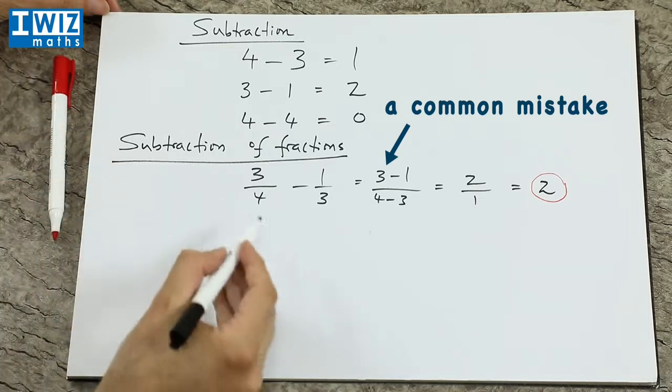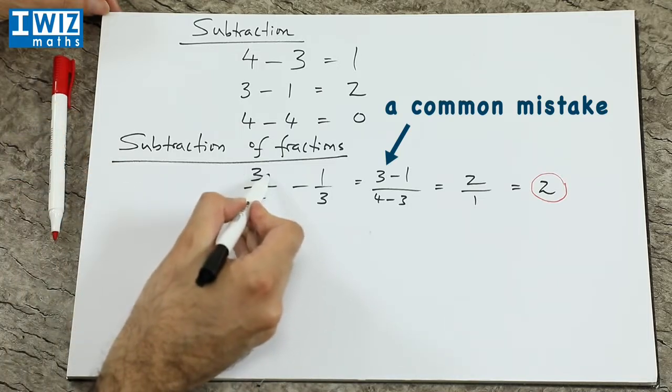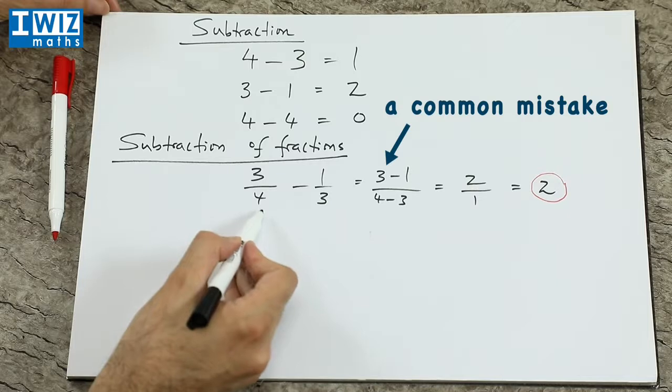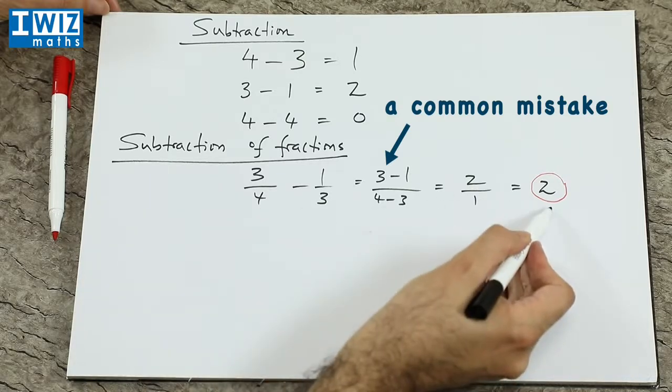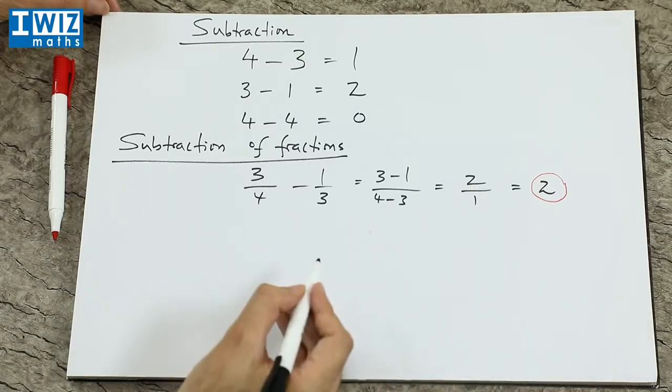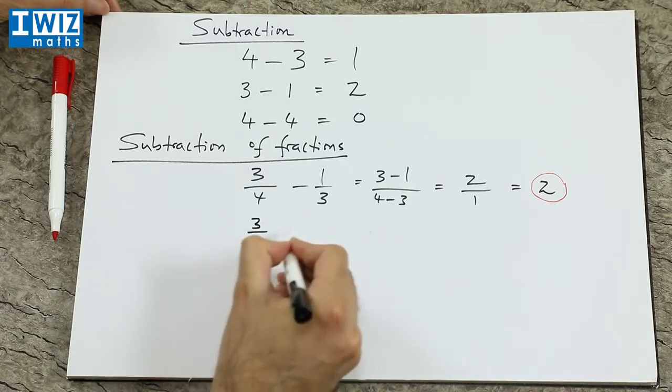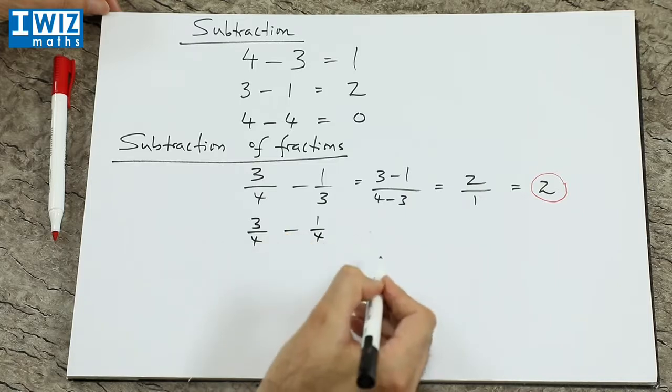And it's a wrong answer because you're starting with 3/4 of a whole, then you're taking some fraction away from it, then how do you end up with 2 parts? Okay, let's look at another question. Another question would be 3 on 4 minus 1 on 4.